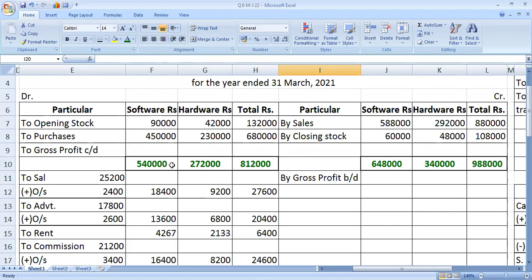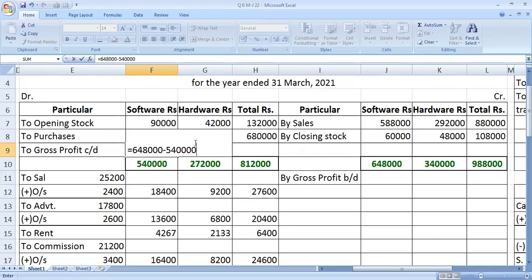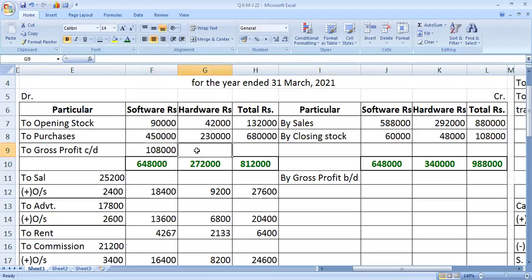This total is more than the debit side, which means debit side is deducted from credit side. 6,48,000 minus 5,40,000, 1,08,000 is the gross profit of department software.